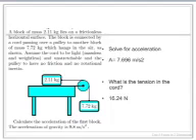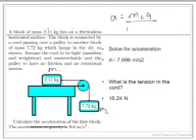In this scenario, we have mass 1 on the table, mass 2 is hanging, and we are looking for acceleration. So A is equal to m2g, the weight of mass 2, divided by m1 plus m2. And what this equation is really saying is that acceleration is equal to F net divided by mass.